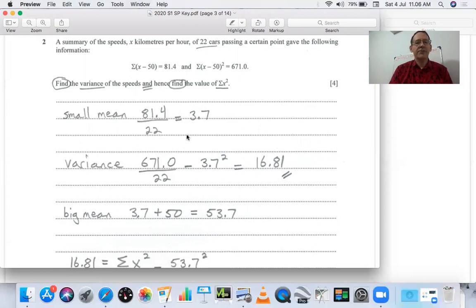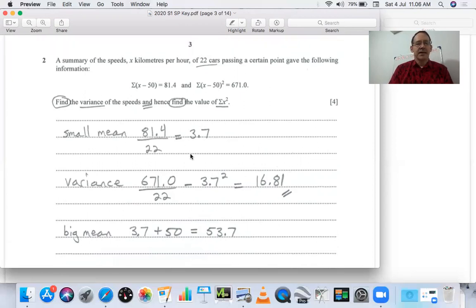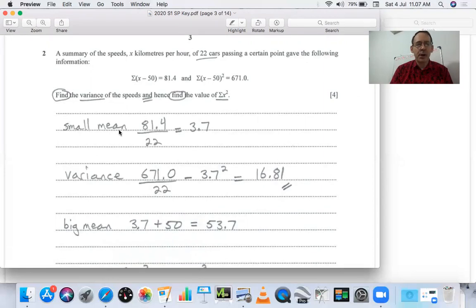So how do we find variance? Well, because they give us the small number set information, we need to find the small mean. And the small mean is the sum of the small number values divided by how many values there are.